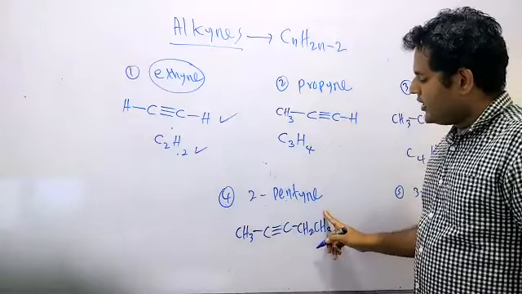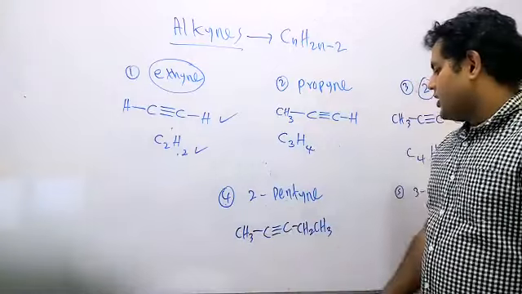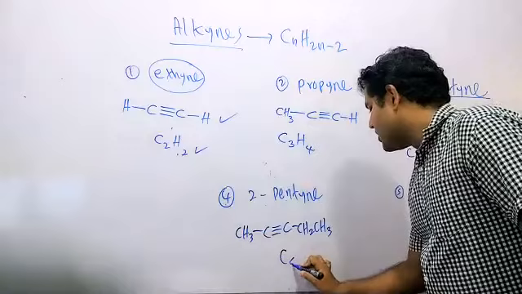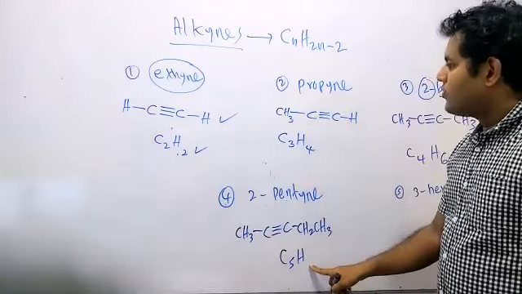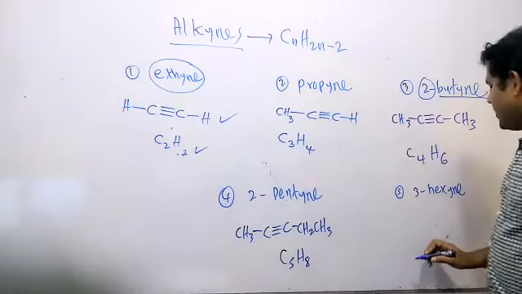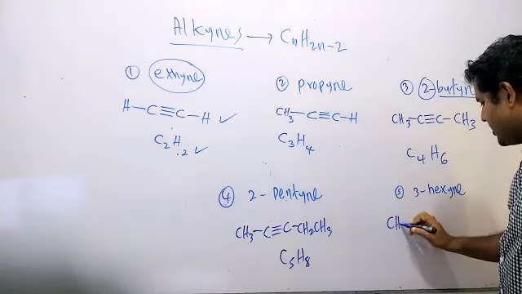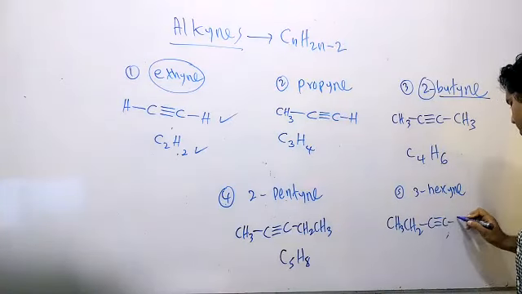CH3, C triple bond C, CH2, CH3. So pentyne is C5, H: 5 times 2 is 10, minus 2, 8. 3-hexyne: CH3, CH2, C triple bond C, CH2, CH3.